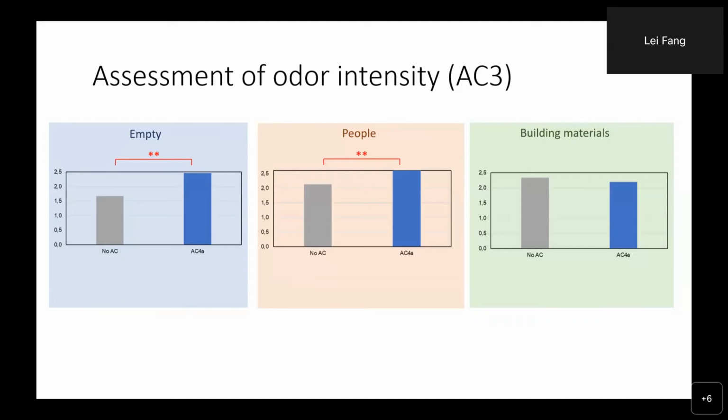So this means this air cleaner itself actually significantly increases the pollution and odor intensity in the room, and we tried to find the reason. First of all, this air cleaner is based on the ozone UV reaction, but it is not allowed to release ozone into the room.